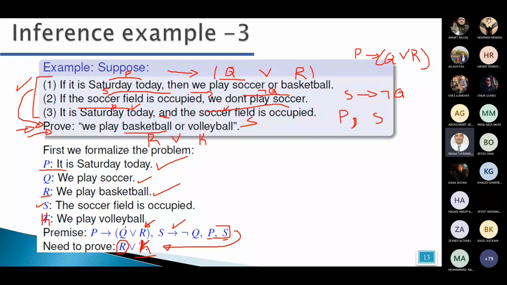But to get R, we have to remove this Q and this P. We have P here, we can remove it. Q is here, so we have to use this S with this one. I'm making a plan for how to answer it. So we will start with this one.